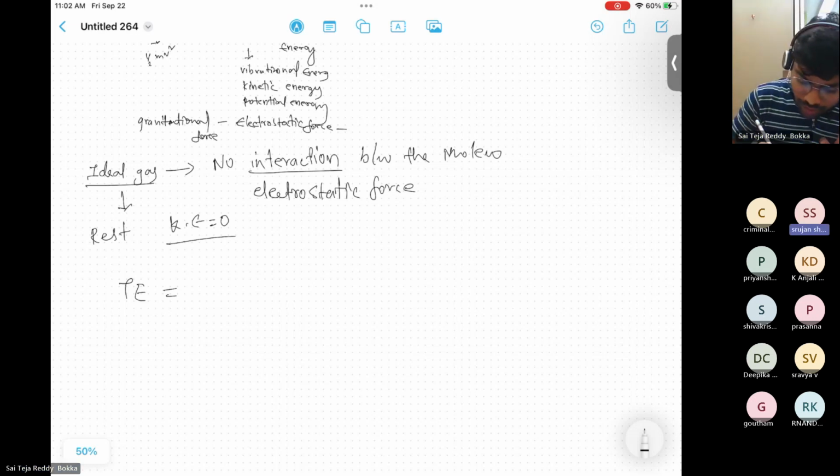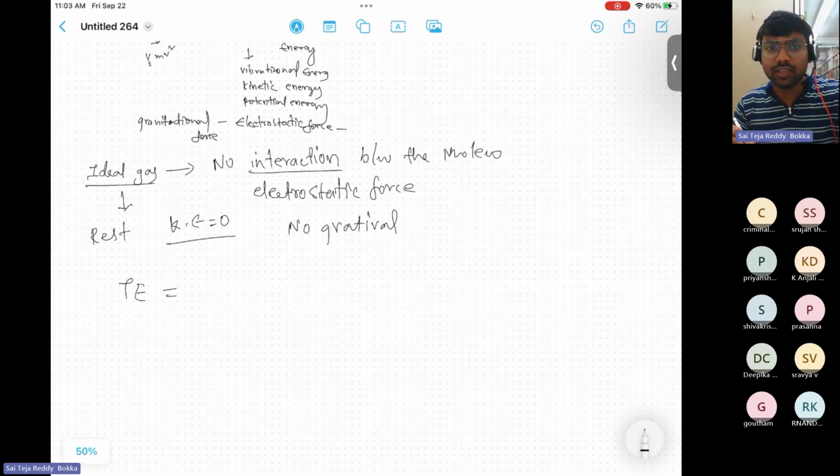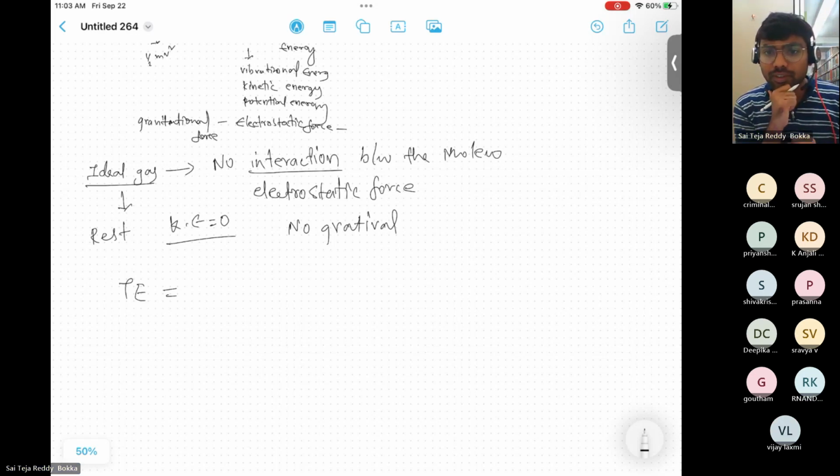So here I'm taking no gravitational field. Suppose I'm considering the system in the absence of a gravitational field, then what energy will be absent?